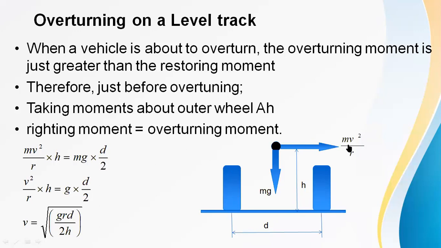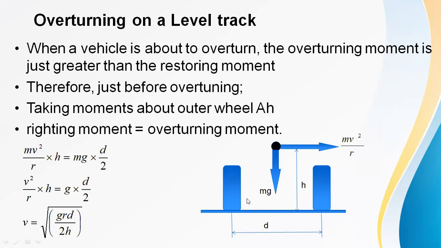The centrifugal force is multiplied by this perpendicular distance, which is the height, h. Then the perpendicular distance for the weight is the distance from here all the way to there.